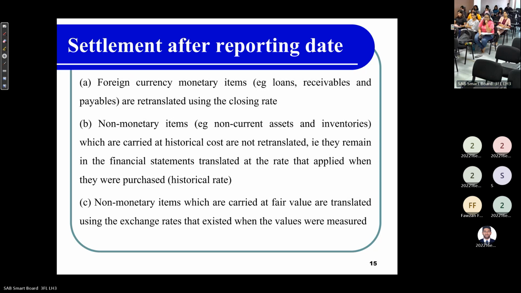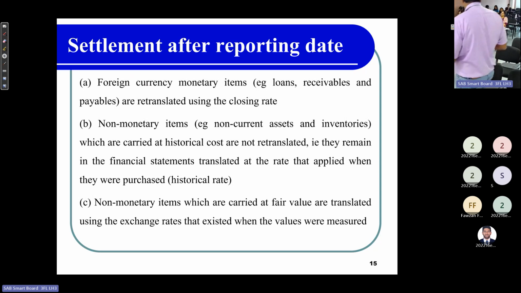Look at this. Foreign currency monetary items, loans, receivables, payables, are retranslated using the closing rate. Non-monetary items, non-current assets and inventories, which are carried at historical cost, are not retranslated.